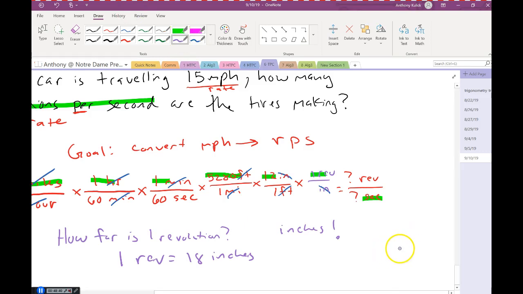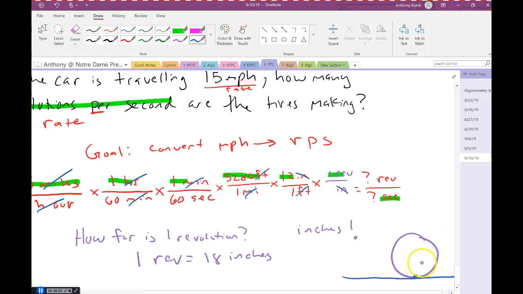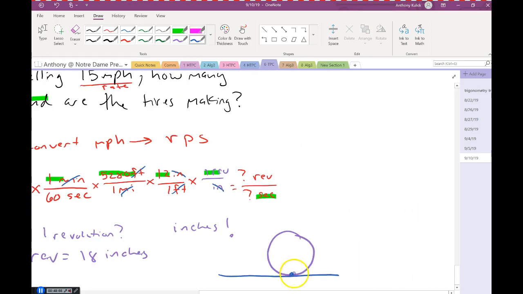No. So let's think about it. Here's my wheel. Here's the ground, right? If we just unravel this wheel, like if I cut it right here and lay it down, how far is this? That's not 18 inches. Definitely we can see that, right?